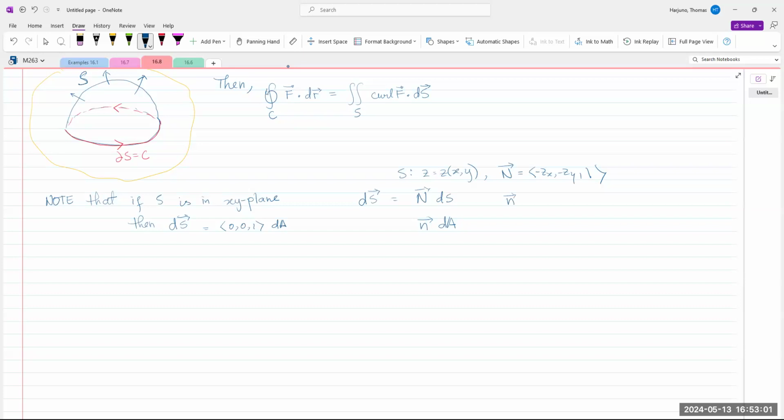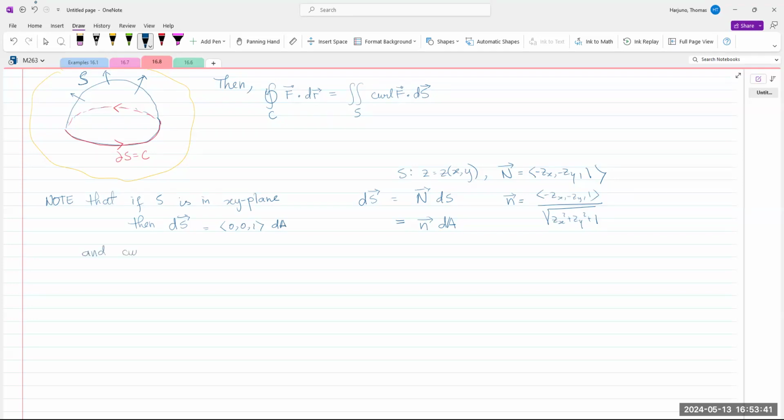If we make it unit, that will be (negative z sub x, negative z sub y, 1) over the magnitude, which is the square root of z sub x squared plus z sub y squared plus 1. Now in this case, if S is a flat plane parallel to the xy plane, then the unit normal vector will be just (0, 0, 1). Right?